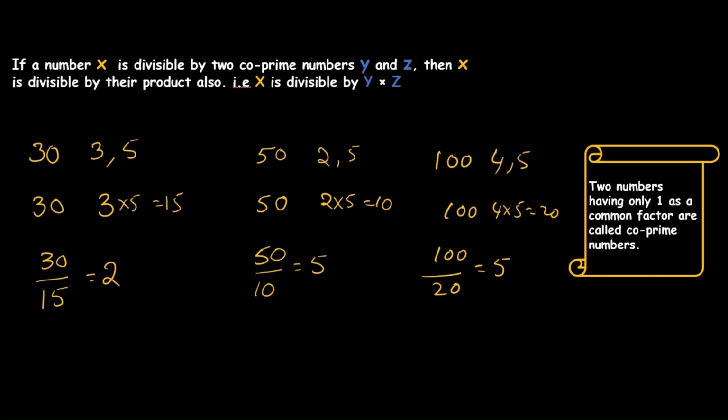So 20 can also divide 100, which is the product of these two co-prime numbers. So please try with a few more examples, picking appropriate numbers and corresponding co-prime numbers, and see that if y and z are able to divide x, then their product should also be able to divide x.